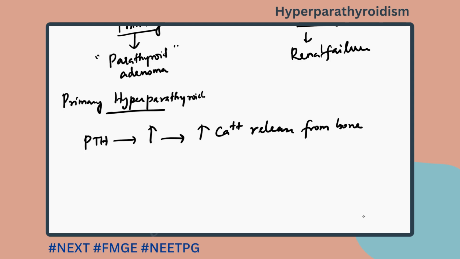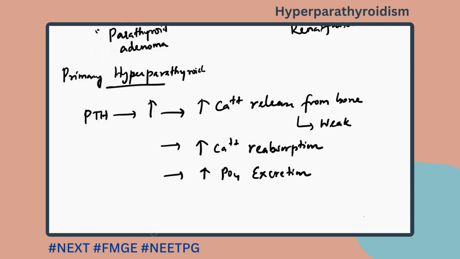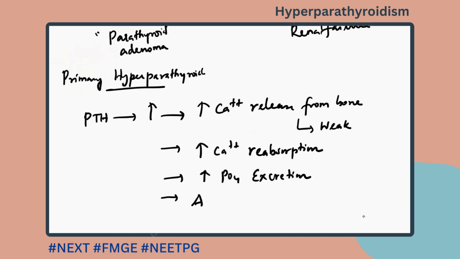When calcium is released from the bone, the bone becomes weak. In the kidney, it increases calcium reabsorption, and it also increases phosphate excretion. Since the bone activity increases, alkaline phosphatase also increases.